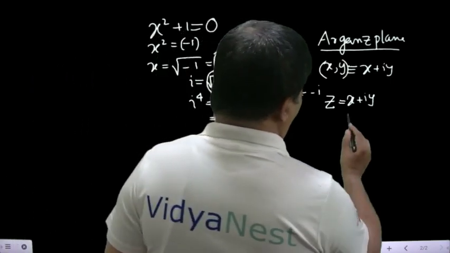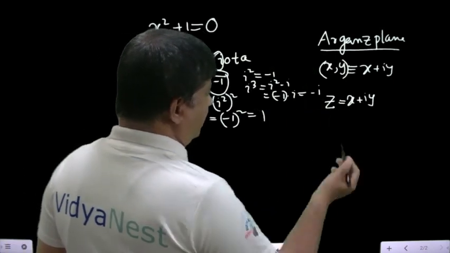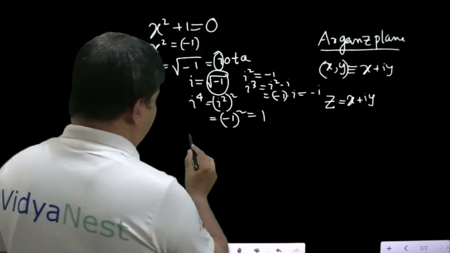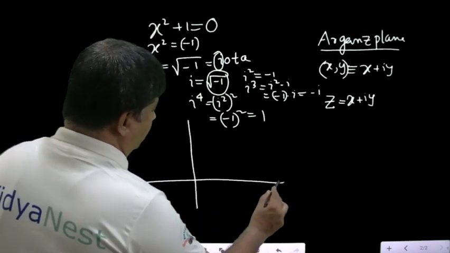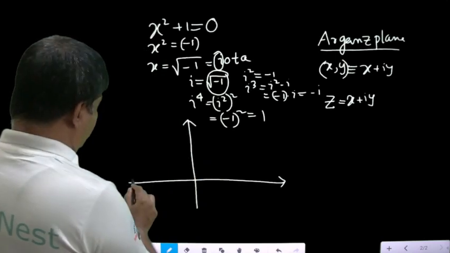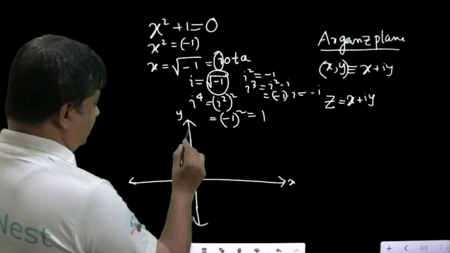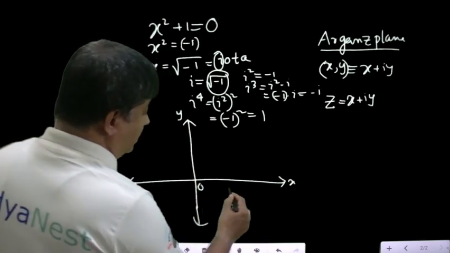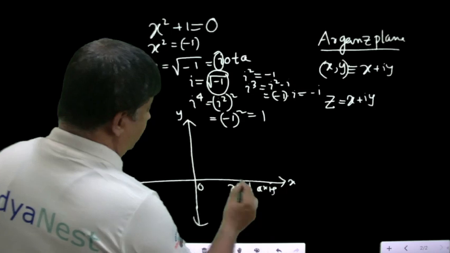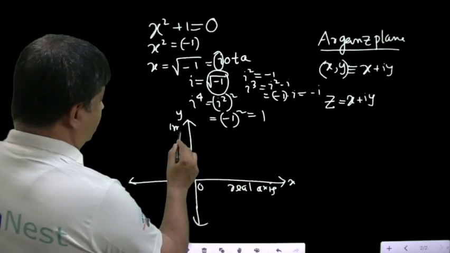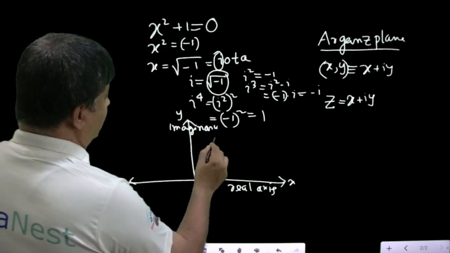Now, like coordinate geometry, this Argand plane is also split into two axes, x and y axis. X axis is the real axis and this is the imaginary axis.